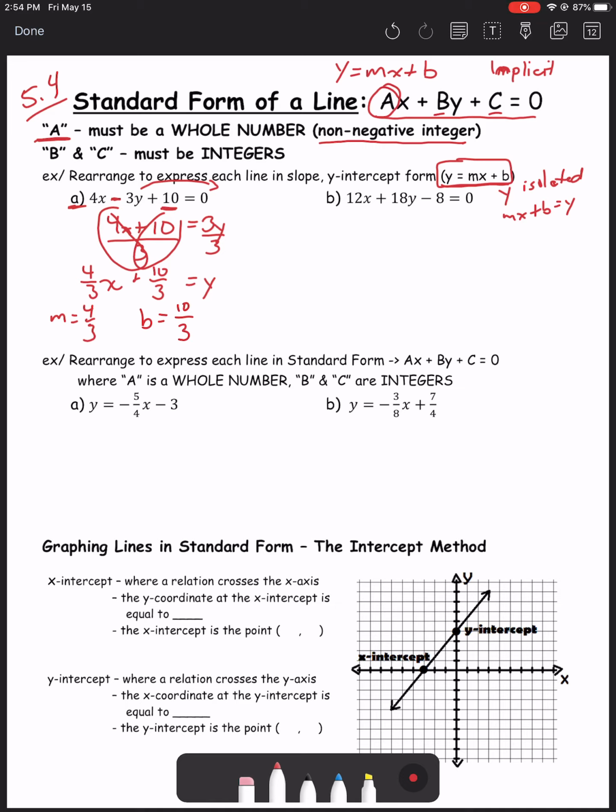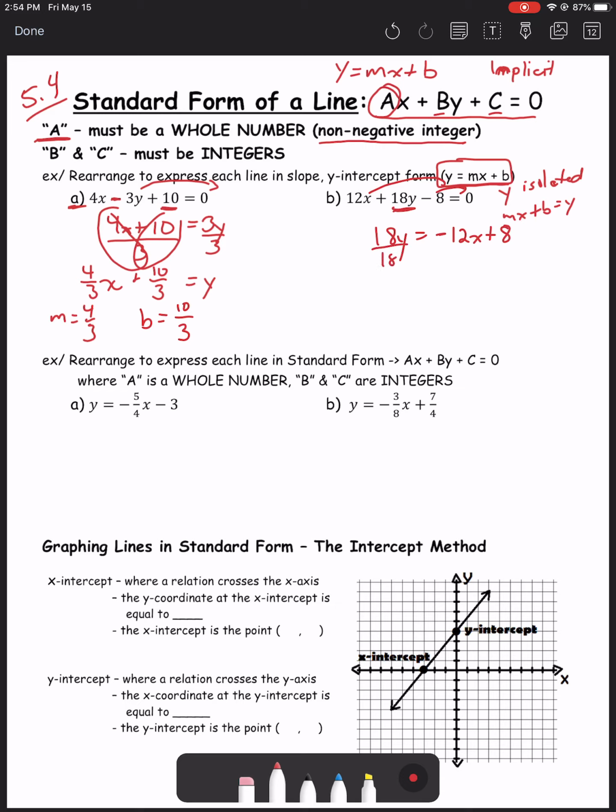All right, on part B, I would leave the 18y on the left-hand side of the equal sign because it's already positive. So I'm just going to leave the 18y there, and I'm going to move the 12x and the minus 8 over to the other side. So that's going to be a minus 12x and plus 8.